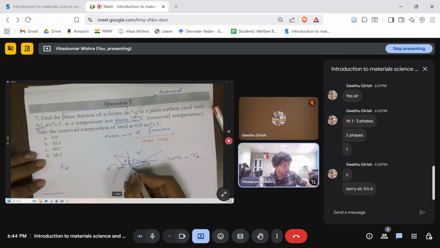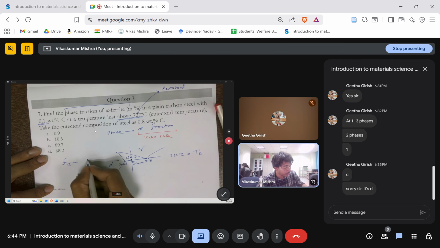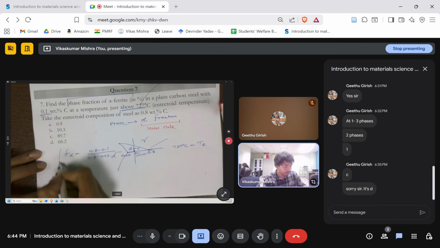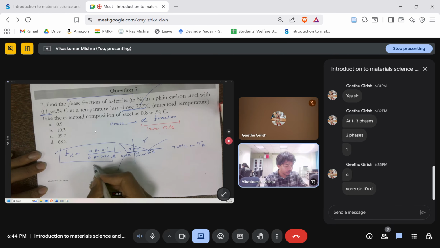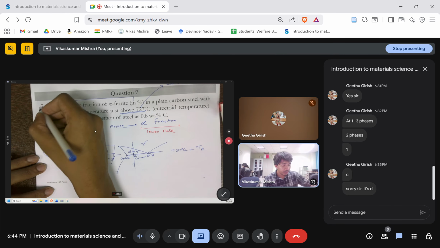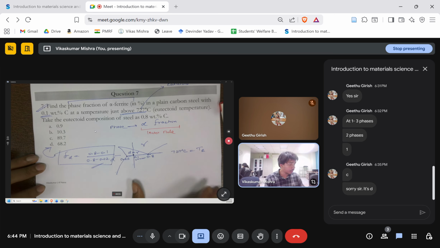Opposite arm is this one, that is nothing but 0.8 minus 0.1. We'll divide this by the entire arm, that is 0.8 minus 0.02. Now we can easily find this. With this we can compute the answer. Okay, simple mathematics, so I will leave this to you. Let's move to the next question, question number 8. If there is any doubt, let me know.